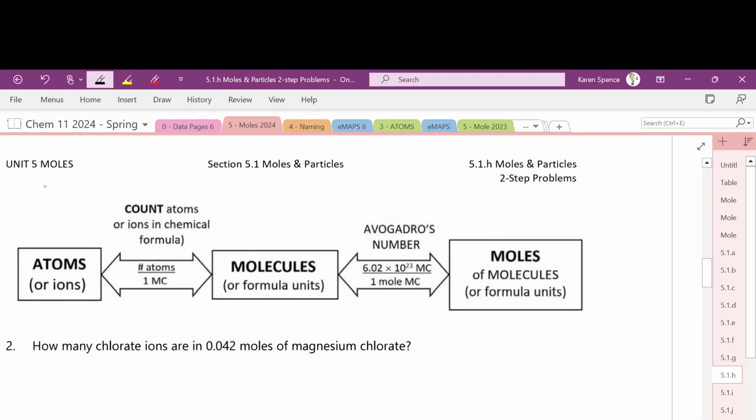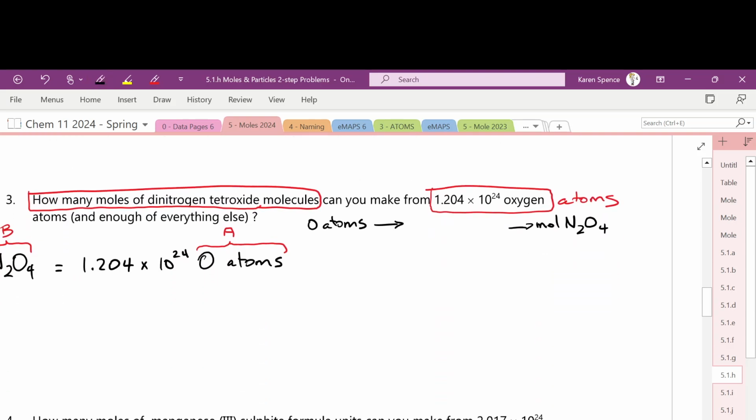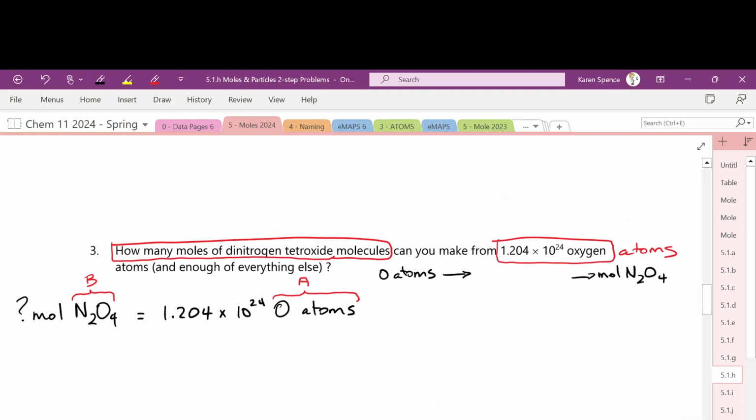Okay, if we go up here, we can say, oh, I have O atoms. I could convert that into N2O4 molecules, and then I could convert that into moles of N2O4. Yes? So if you get stuck, you can look up at the top of the page for now. That's not always going to be there, so make sure you're trying to think it through before you look at that little map at the top.